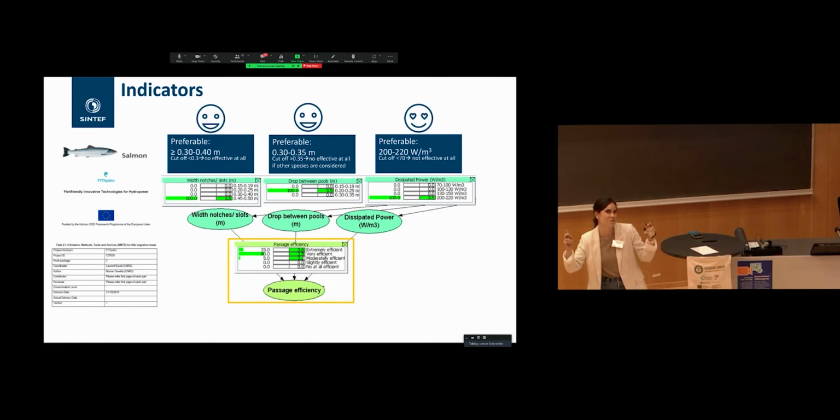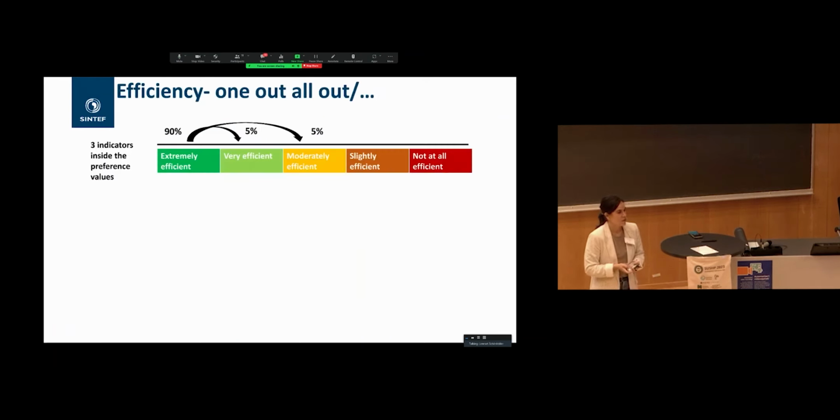So how do we actually combine all these indicators and these preferable ranges into the passage efficiency? I want you to focus on the flexibility of the model to use and define different weights, and not so much on the numbers, since this is only an example. If you have 3 indicators inside your preference value, you can say you have a probability of 90%, and then there is also uncertainty that will go into the other efficiencies.